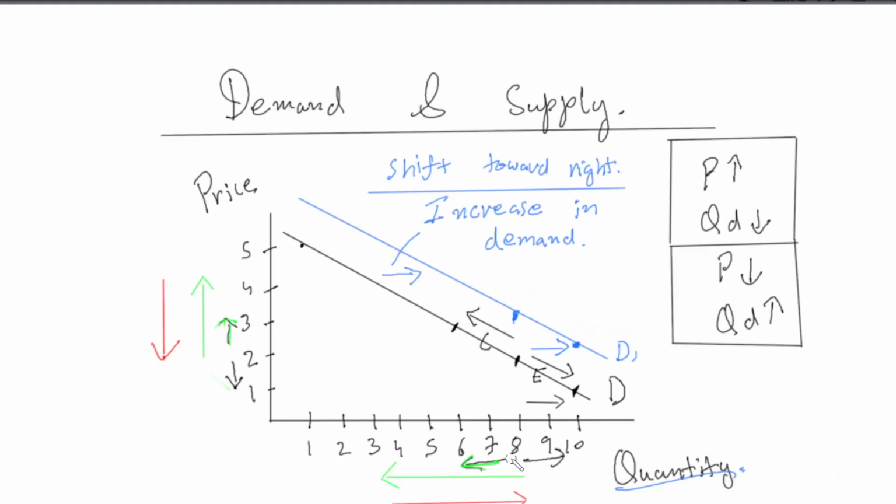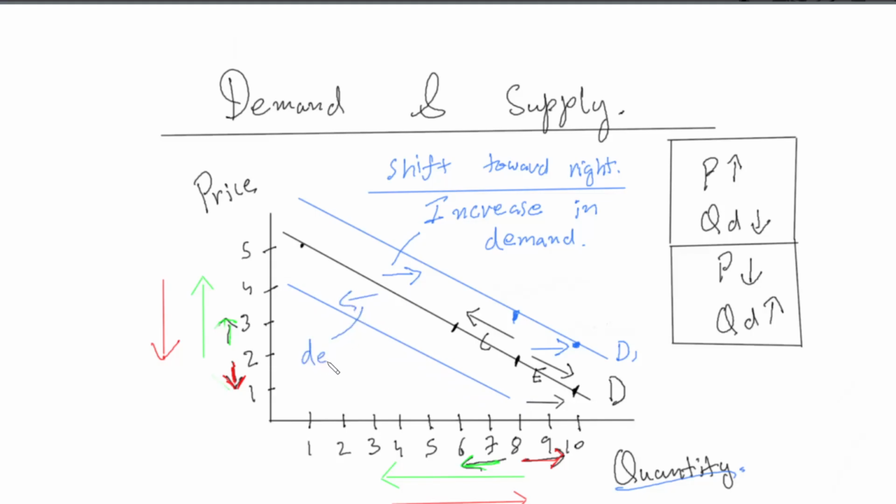When we consider other factors as well, the factors other than price would cause your demand curve to shift. So if there's an increase in demand, the demand curve shifts towards right. If there's a decrease in demand, that means the quantity demanded would decrease at each and every price level. This would cause the demand curve to shift towards left.